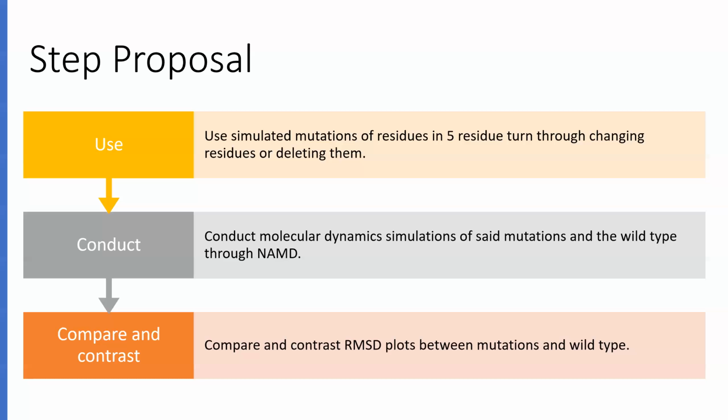So using simulated mutations of the residues and then conducting molecular dynamic simulations of said mutations and the wild type through NAMD, and then comparing and contrasting the RMSD plots and the RMSF plots between the mutations and the wild type.